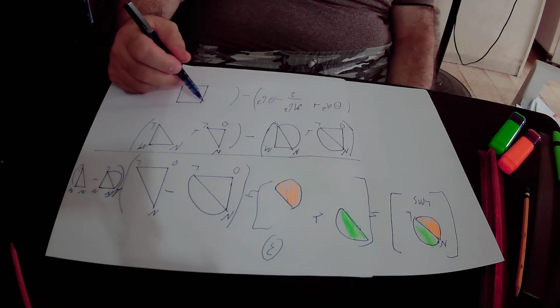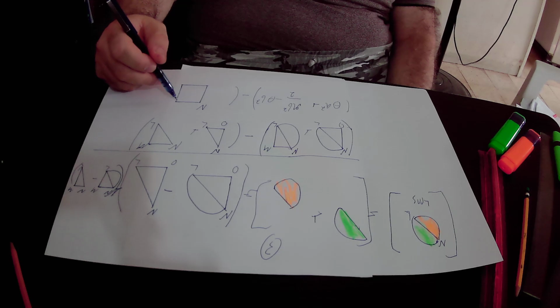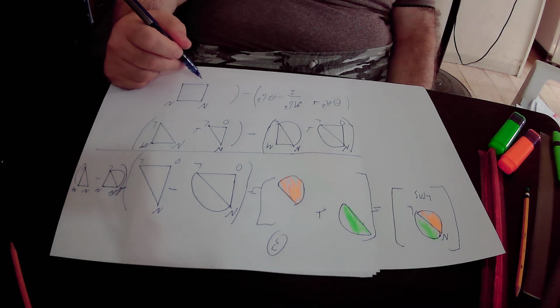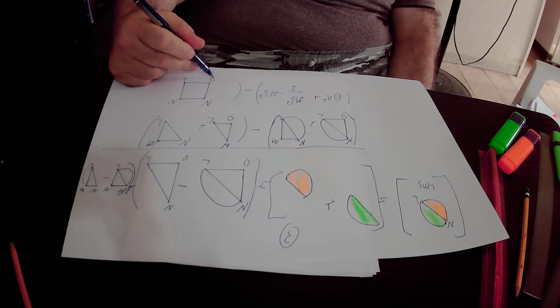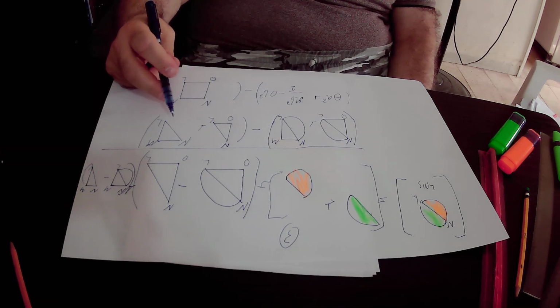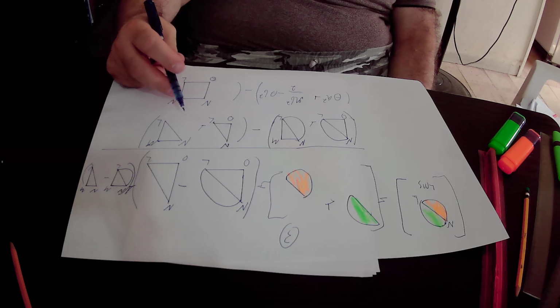So here we have quadrilateral NMOL that was created by the combination of the two triangles together.